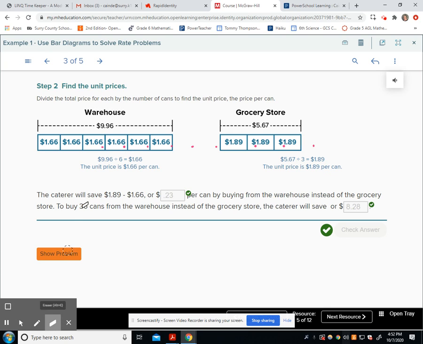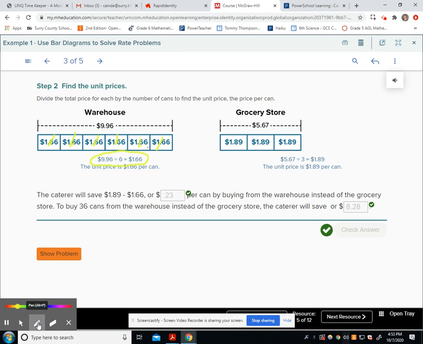The reason that I divide it by 6 is because 6 cans cost $9.96. 9.96 divided by 6, 1, 2, 3, 4, 5, 6, means that the unit price per can is $1.66 per can.